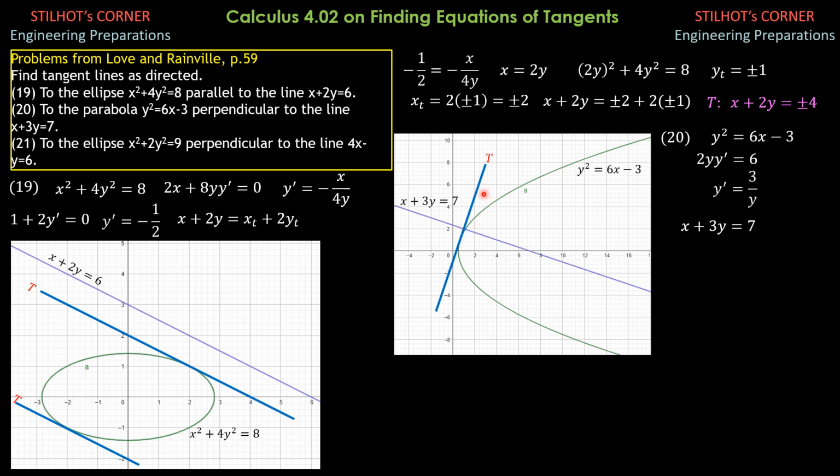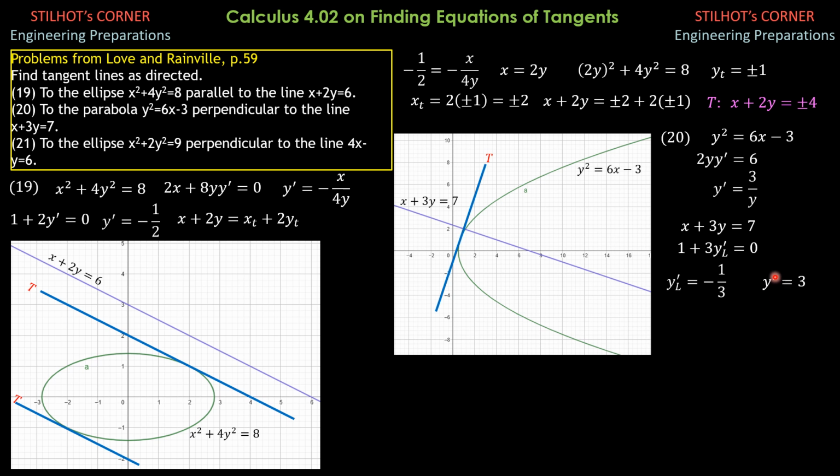But let's determine the slope of the line in another way by differentiating its equation: 1 plus 3y prime equals 0. That shows that y prime of the line is indeed negative 1/3. So the slope of the tangent is the negative reciprocal of negative 1/3, which is positive 3.